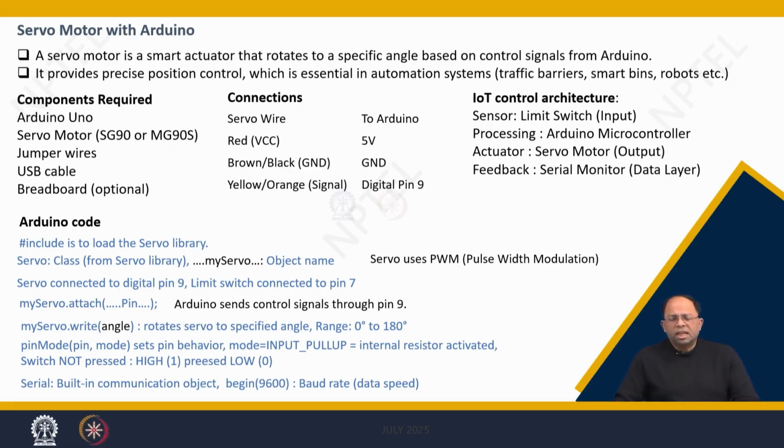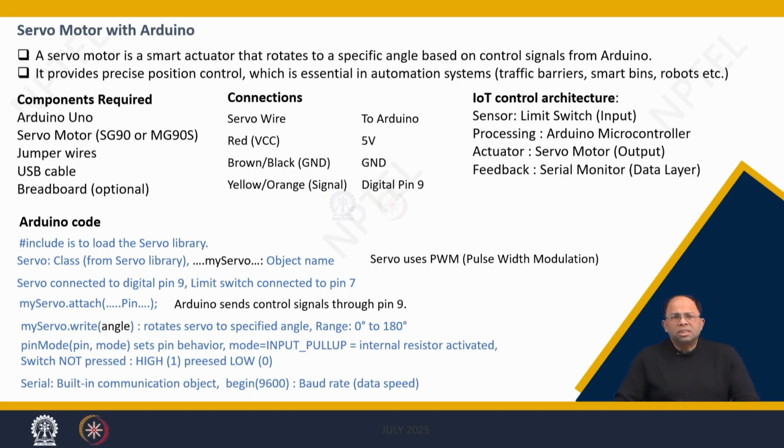The actuator is the servo motor, which is delivering an output, and then the serial monitor will also be a sort of output, and our data layer, which will help us monitor what is happening with that servo motor. Now, we will demonstrate the code, of course, in the Arduino IDE. But before that, we will just discuss some of the key points that we have used in this particular code.